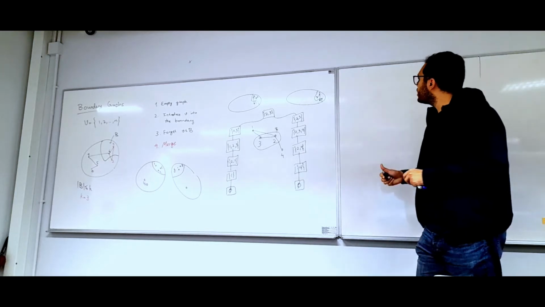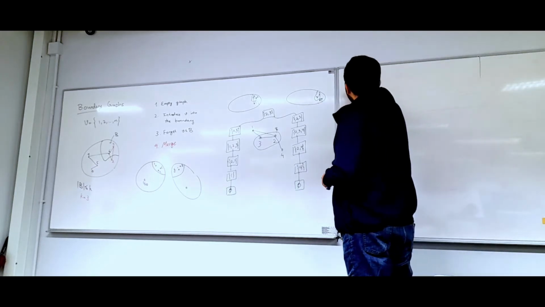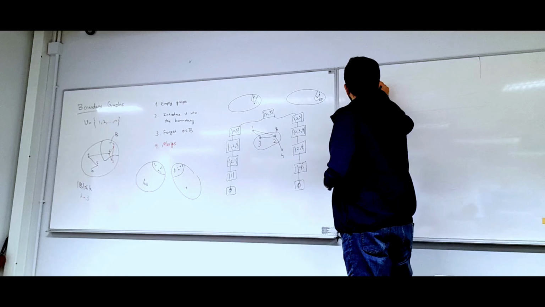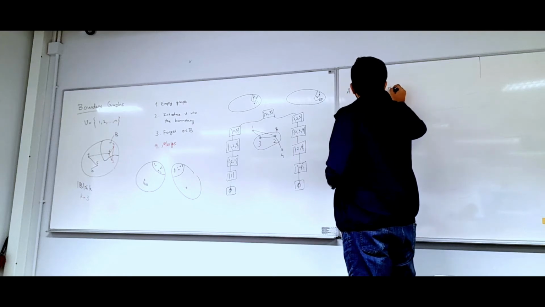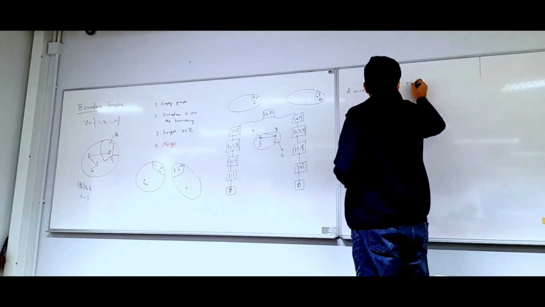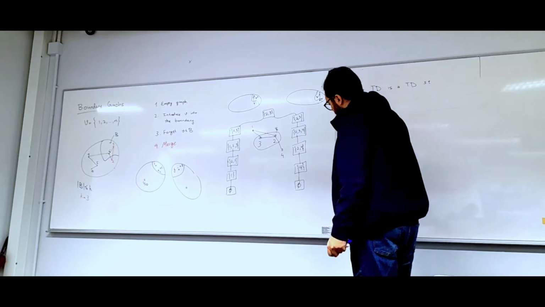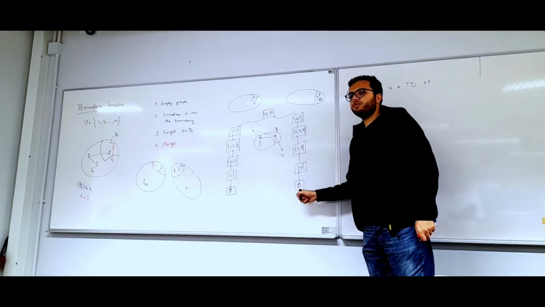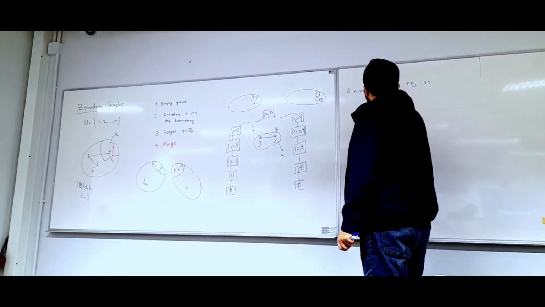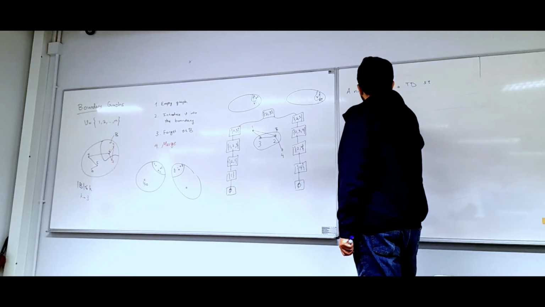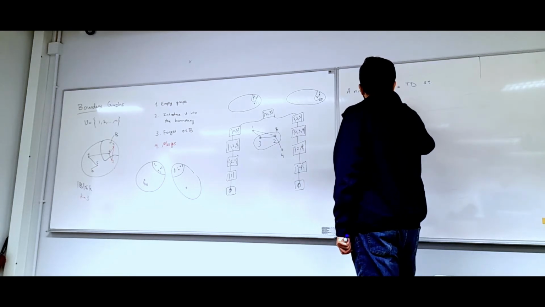But now I can define my nice tree decomposition in an equivalent way that also uses these words. So I can say a nice tree decomposition is just a tree decomposition such that, well, the first condition I want is that every leaf bag is empty.